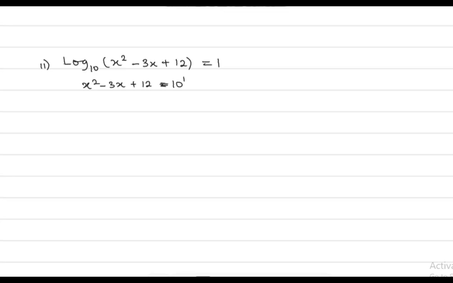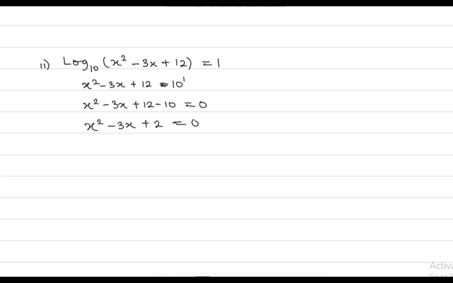And so we would have x squared minus 3x plus 12 and then minus 10 being equal to 0. And then this will give us x squared minus 3x plus 2 being equal to 0.